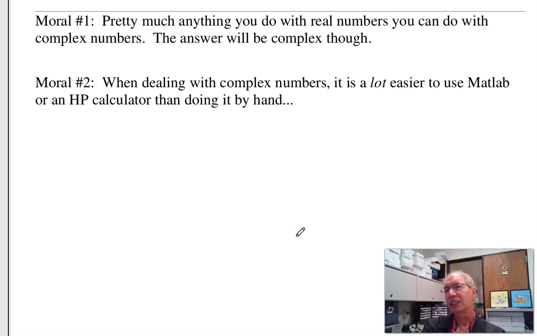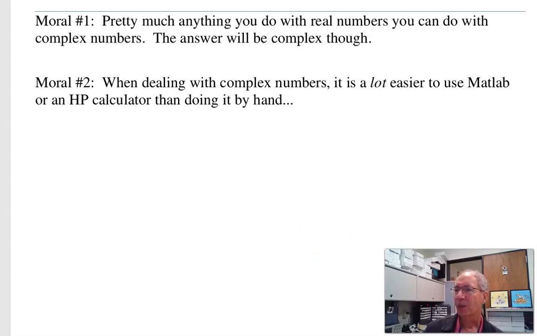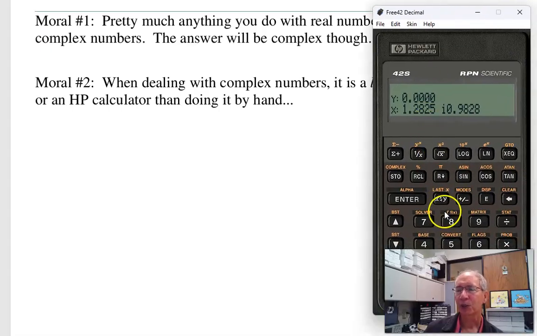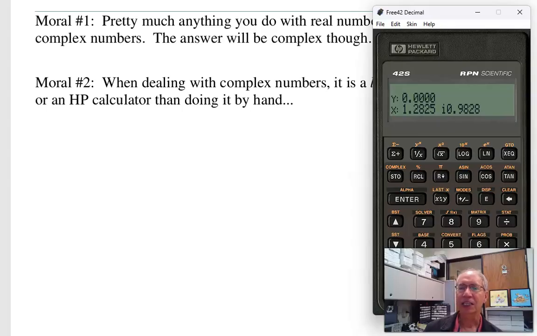Second thing to note is when dealing with complex numbers, it really helps to have a calculator that can work with complex numbers. MATLAB works with complex numbers. HP calculators work with complex numbers. If you're having a test, you need a calculator that can handle complex numbers because you really don't want to do those by hand. Get a calculator that can handle complex numbers. Get used to it.